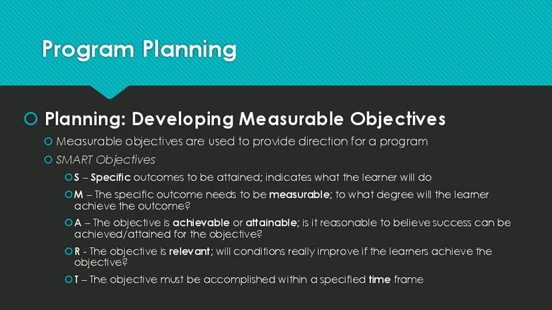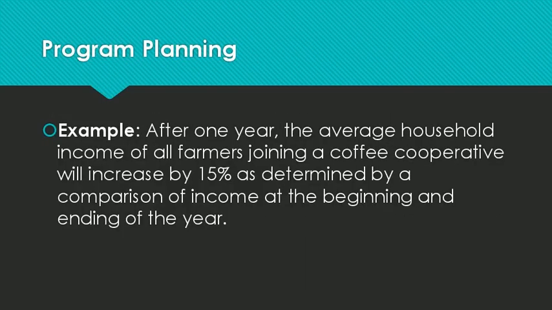And so, for example, we might say that after 1 year, the average household income of all farmers joining a coffee cooperative will increase by 15% as determined by a comparison of income at the beginning and ending of the year. So it's specific, it's measurable, the goal is achievable or attainable, the objective is relevant, and they've also specified a specific time frame.